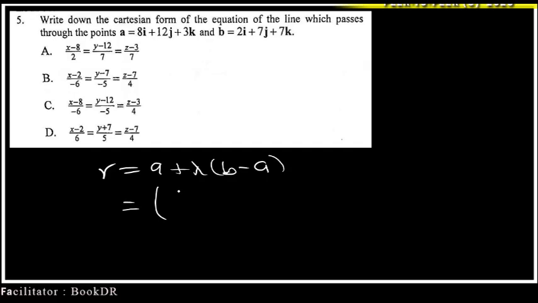The coordinates of A are 8, 12, and 3. That's the component of a. Then plus lambda multiplying b minus a.